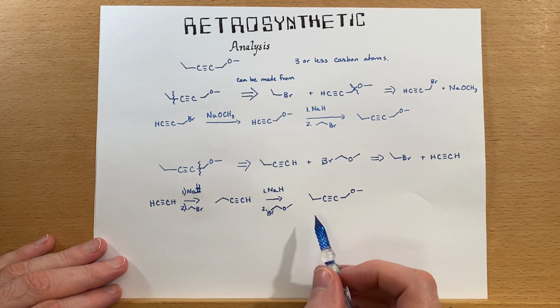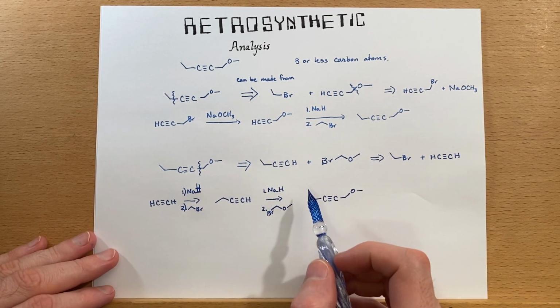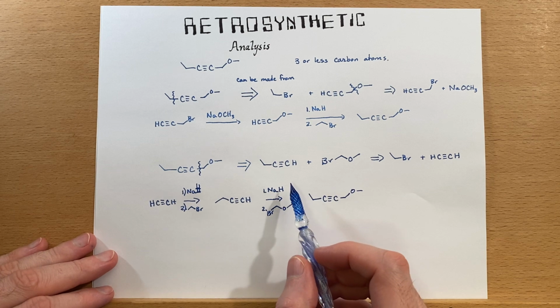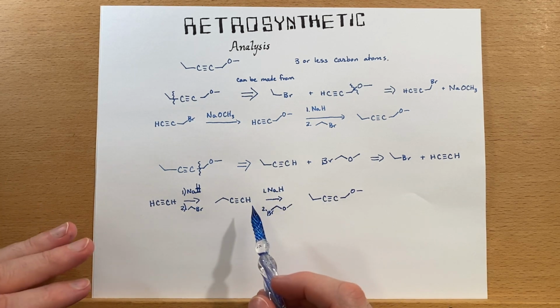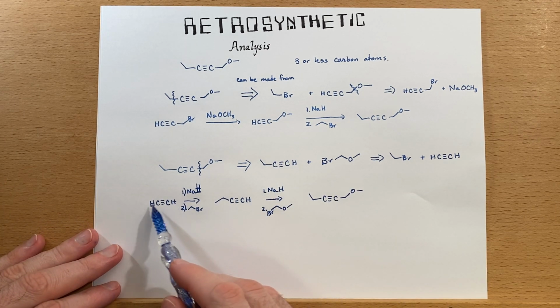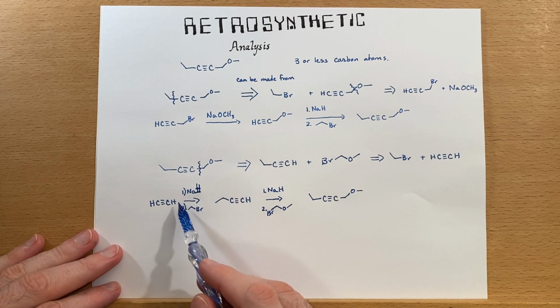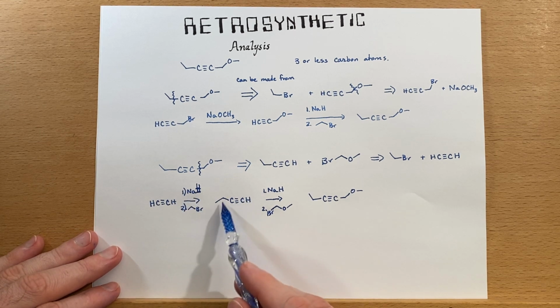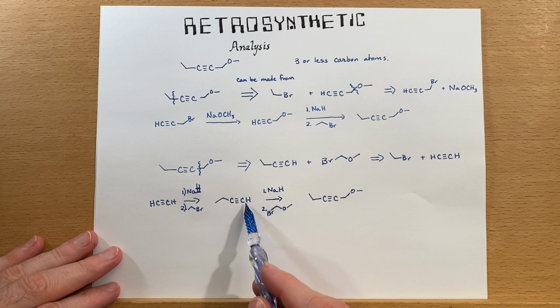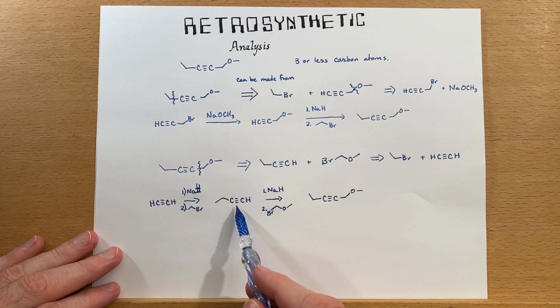Now, I would argue that the first synthesis is a little bit better, simply for selectivity reasons. There's nothing really telling this reaction to stop at only adding on the one side of this triple bond here.